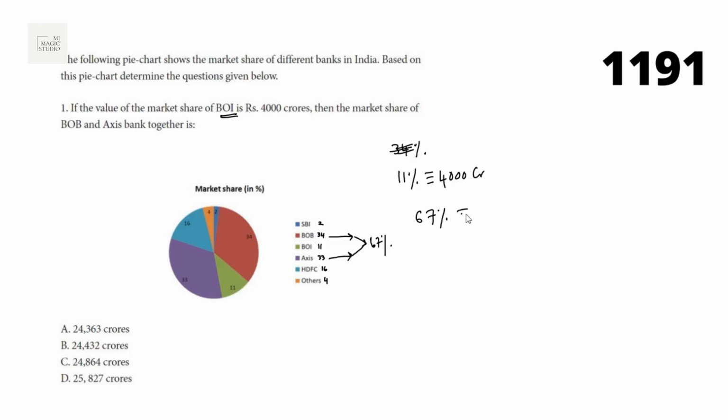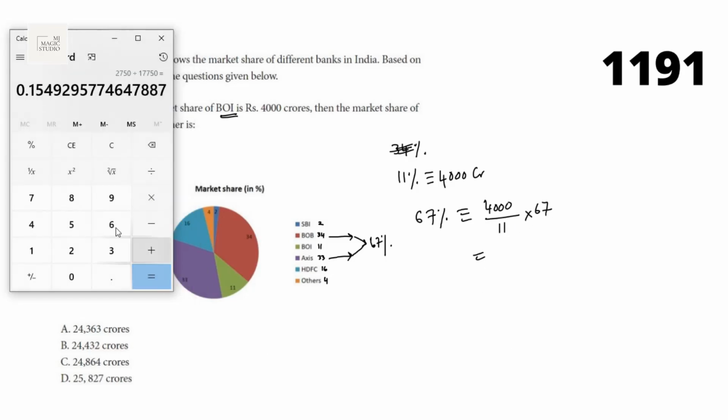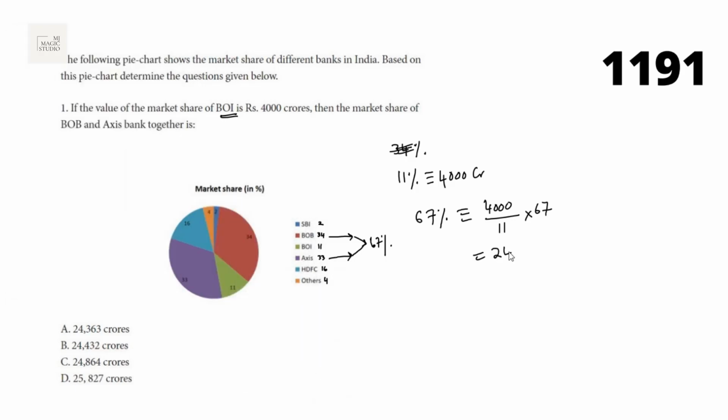If 11 units is 4,000, then 67 units would be 4,000 by 11 into 67, that is 4000 into 67 divided by 11, that is 24363 point something. 24363 features in option A.